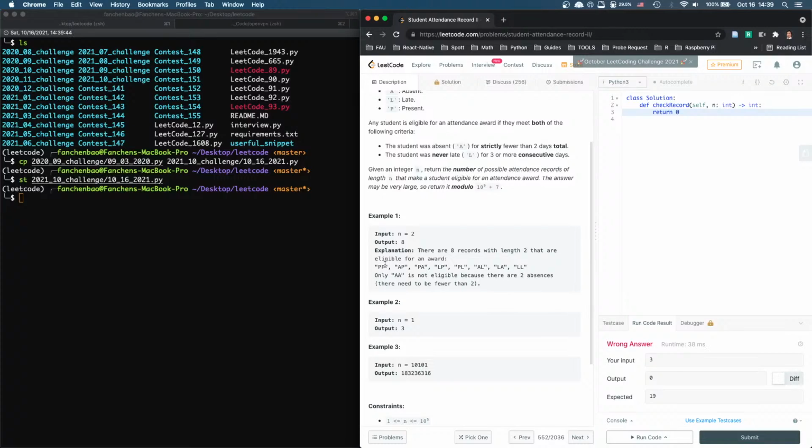Now if it's an L, then we can have LP, what is that? That's good to go on the 2 scenario, so it's plus 8. If it's LA, that's going to be no A but L, because we have an A, so it's the 2 scenario with no A but L, that's a 4.